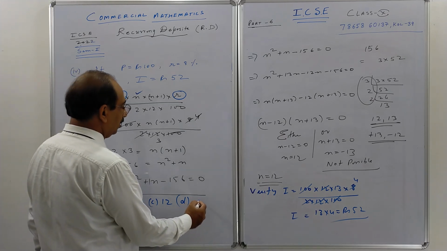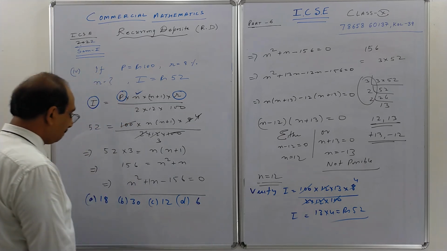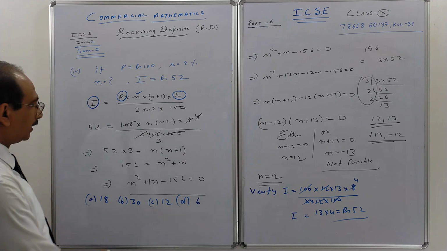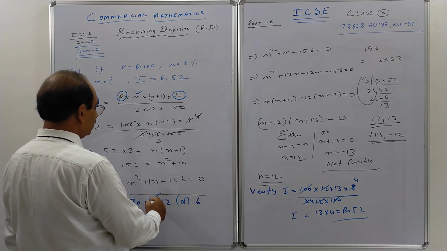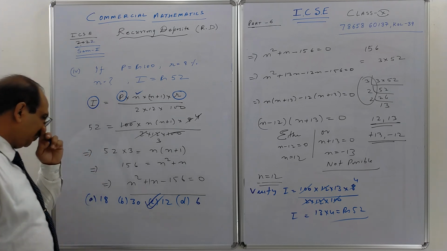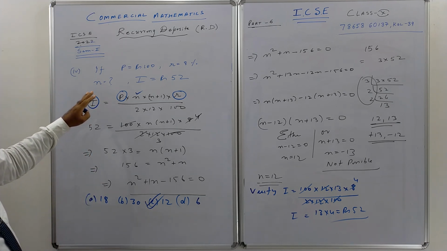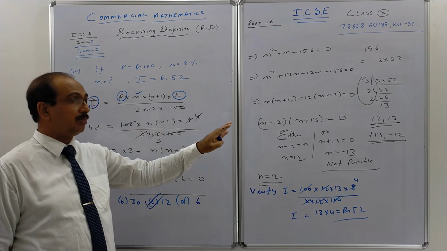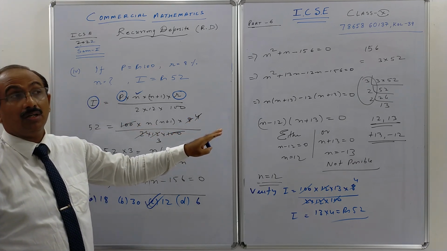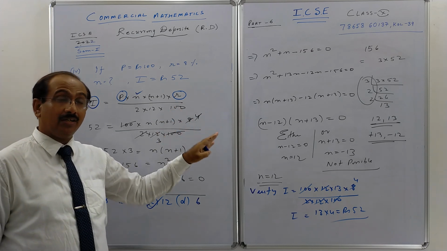So here if you see, the correct answer is 12 months. Okay. So once more, children, here is a new situation. First time we are doing this, so I have made a separate video on time. It comes rarely, but it does come, children.